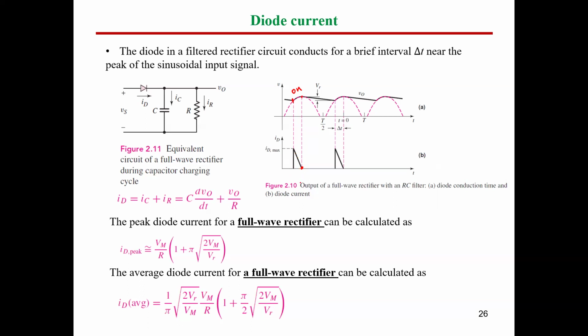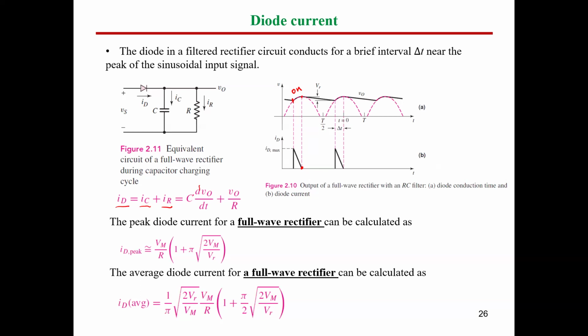How can we express the current? Let's make it step by step. We agree together that I diode equals I capacitor plus I load, or resistor load current. You know that for any capacitor current, guys, IC equals C dV by dt. So this is nothing but the capacitance times the derivative of the output voltage, which is the same as the capacitor voltage, divided by dt, plus the load current.